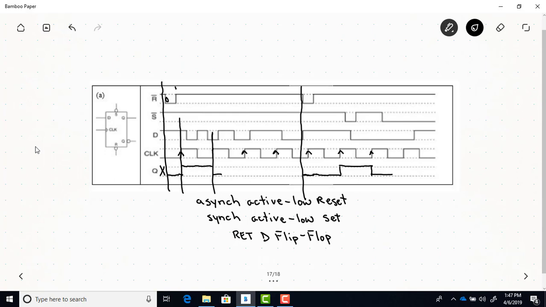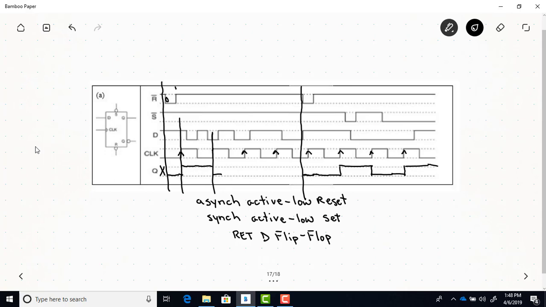It's not going to go to 1 until this rising edge, right? Because now we have the set input equal to 0, and also here's the rising edge of the clock. So the output will be 0 until that rising edge, and then it gets set, and it will remain set.